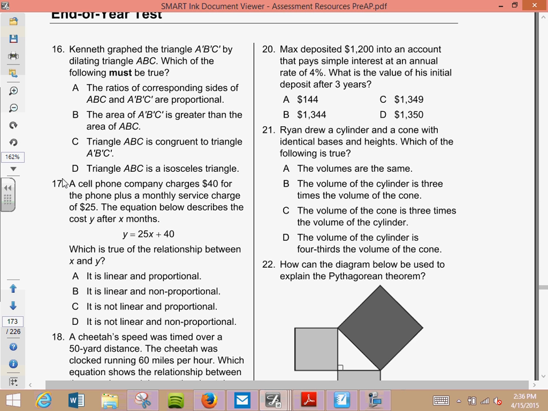Oh, rude. Okay. Kenneth graphed the triangle ABC prime by dilating triangle ABC. Which of the following must be true? The ratios of the corresponding sides are proportional. Is that true? Let's keep reading. The area of ABC is greater than the area of ABC prime. Triangle ABC is congruent to triangle ABC prime.